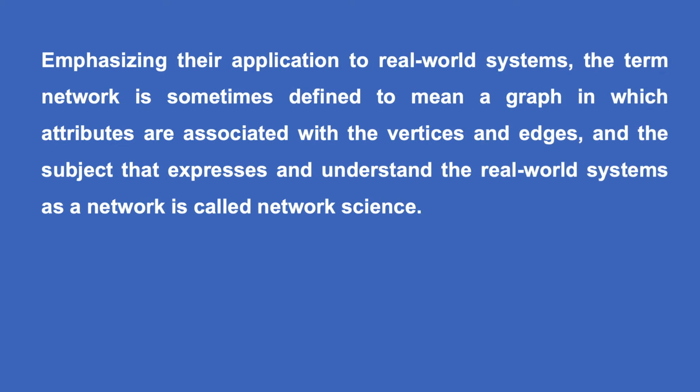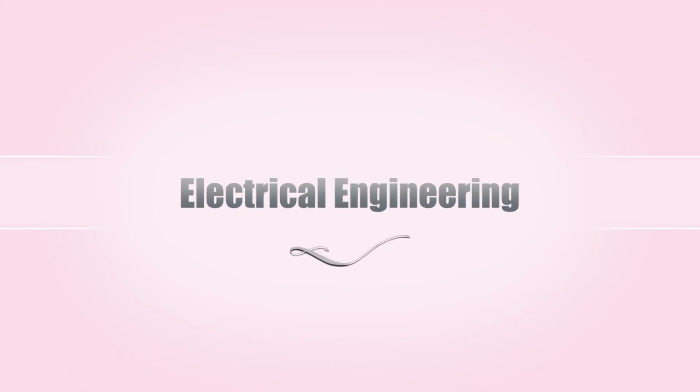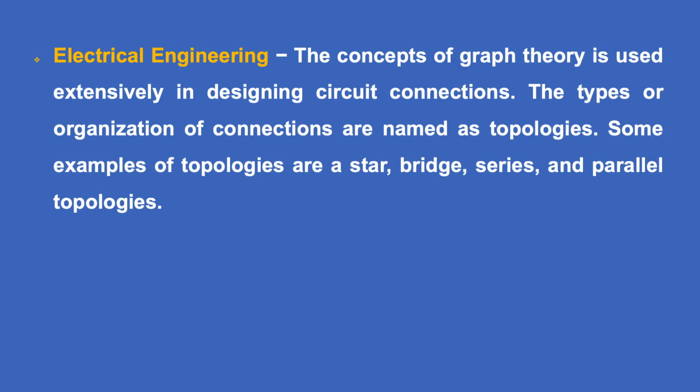Emphasizing their application to real-world systems, the term networks is sometimes defined to mean a graph in which attributes are associated with the vertices and edges, and the subject that expresses and understands real-world systems as a network is called network science. In electrical engineering, the concepts of graph theory are used extensively in designing circuit connections.